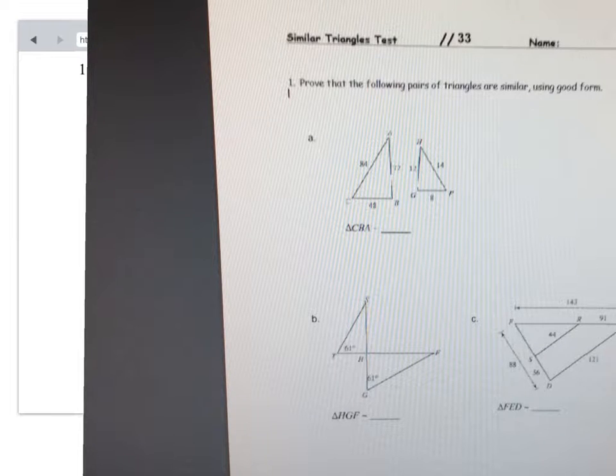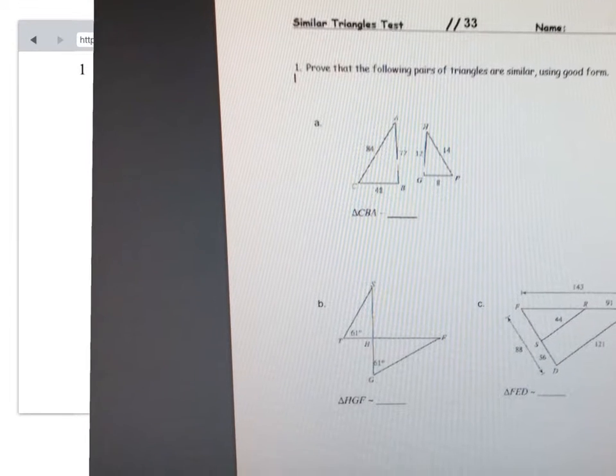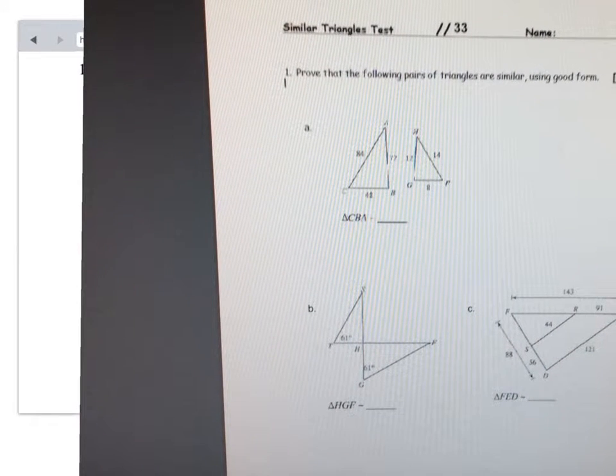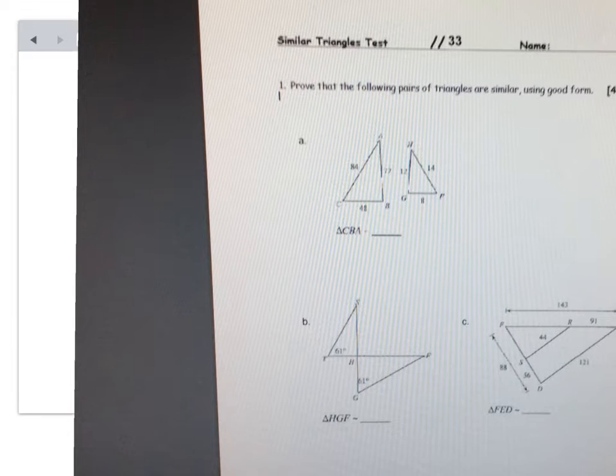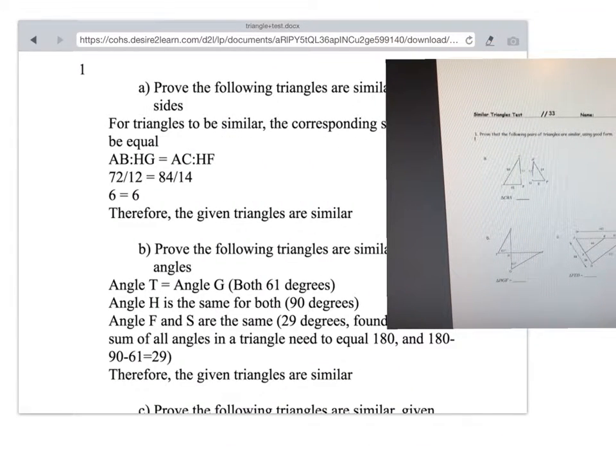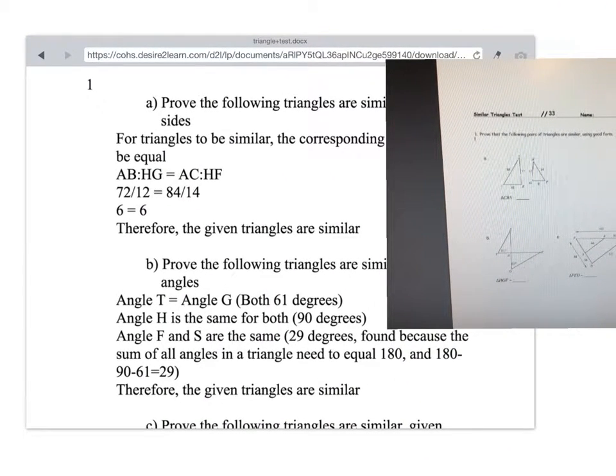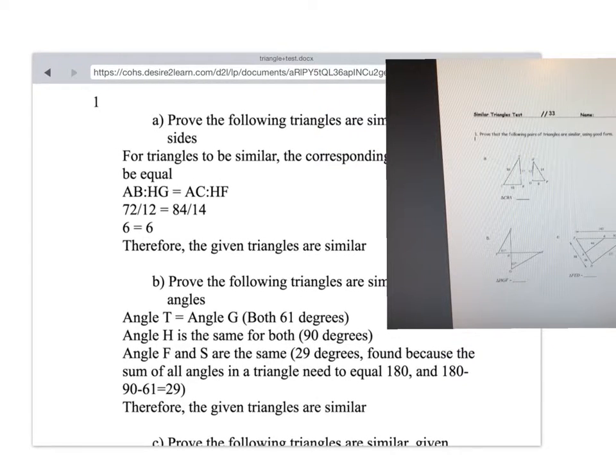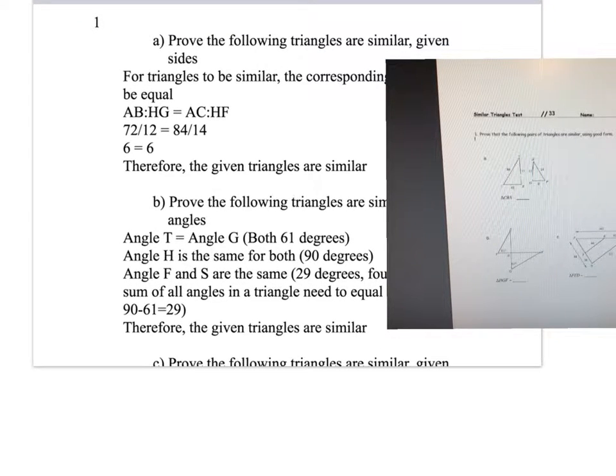And so what you need to do here is actually figure out which sides correspond and then show me that they correspond. So in other words, you can write, I can't write on that one unfortunately, so we'll write over here that BC corresponds to GF and so on.